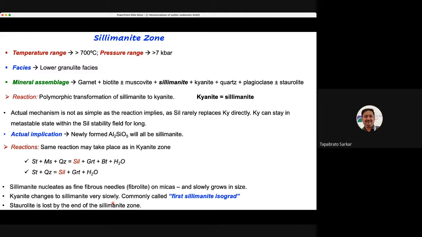Normally, we do not see a lot of staurolite moving into the granulite facies condition. So staurolite is a mineral which appears in the mid amphibolite facies and disappears in the upper amphibolite facies. It is a typical mineral of the amphibolite facies in a metamorphosed pelitic rock.